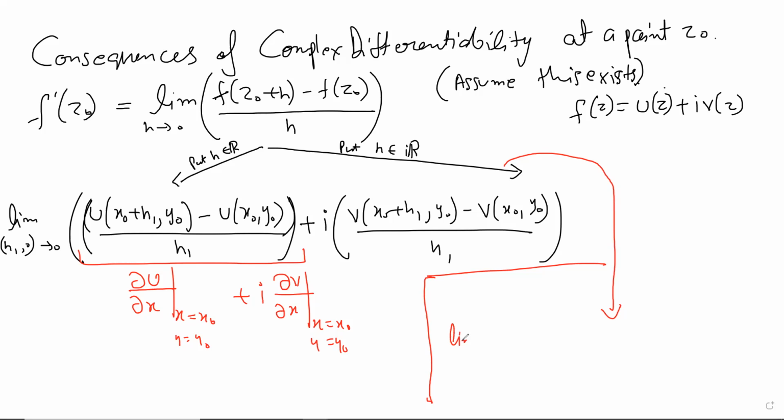So we have the limit, 0 comma h2 basically, or maybe if I should use uniform language, just say ih2. That's the same thing. And now this time we put U, so we have U of X naught, and this time X naught doesn't change, just Y naught changes.